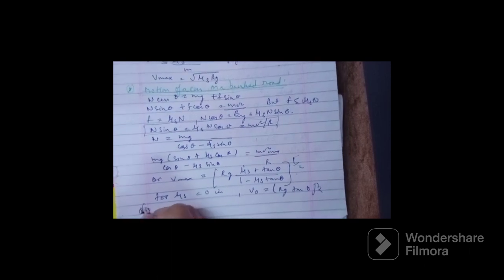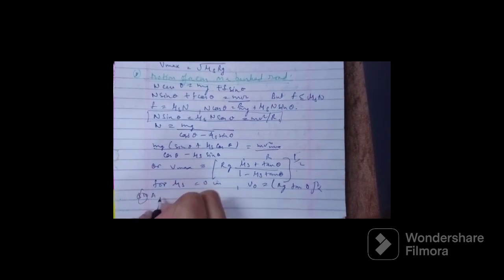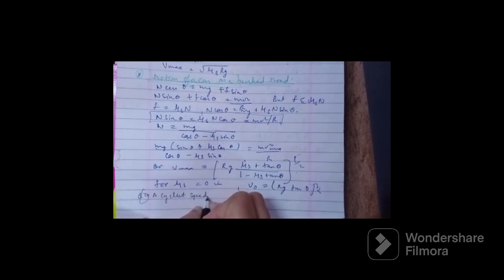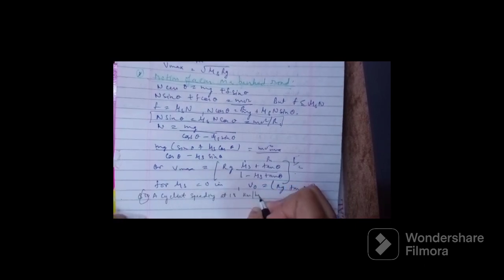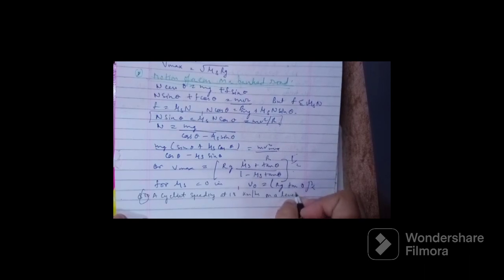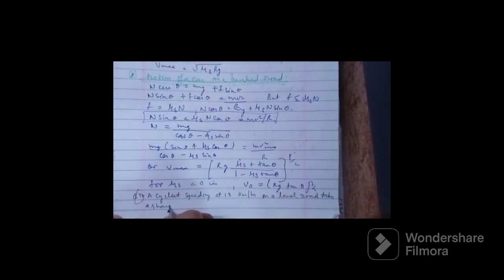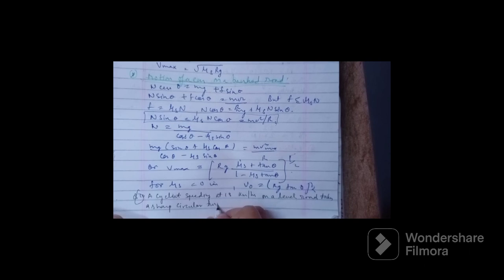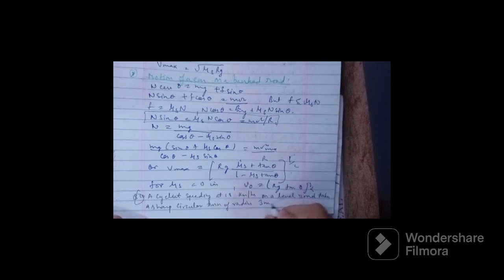This is your 10th question. A cyclist speeding at 18 km per hour on a level road takes a sharp circular turn of radius 3 meter without reducing the speed.